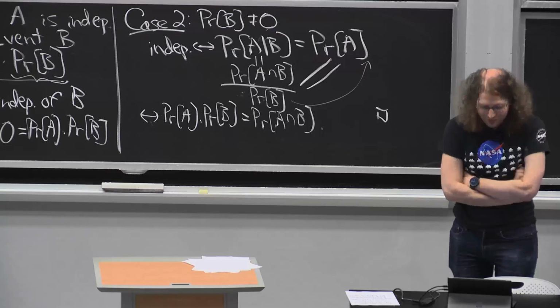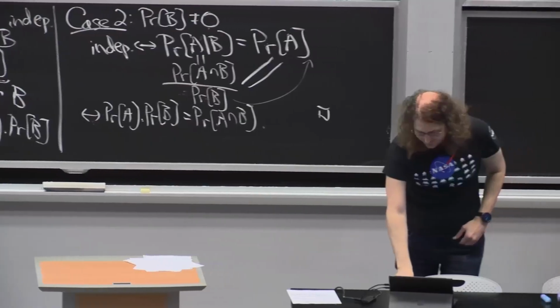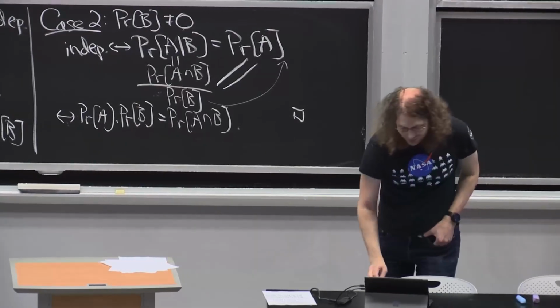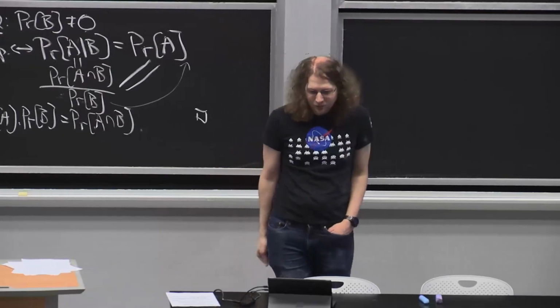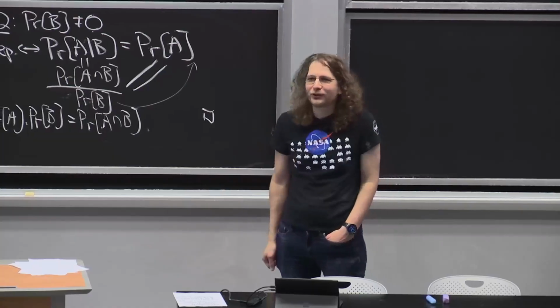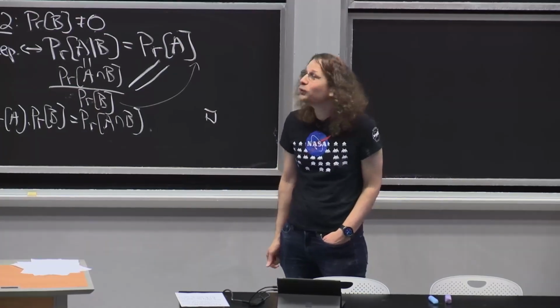This was an online internet collaboration just completed late last year. And they compute maybe not 51%, but 50.8% is what they get, or somewhere between 50.6 and 50.9. So it confirms this intuition, although it does depend somewhat on which currency you use and who you are.